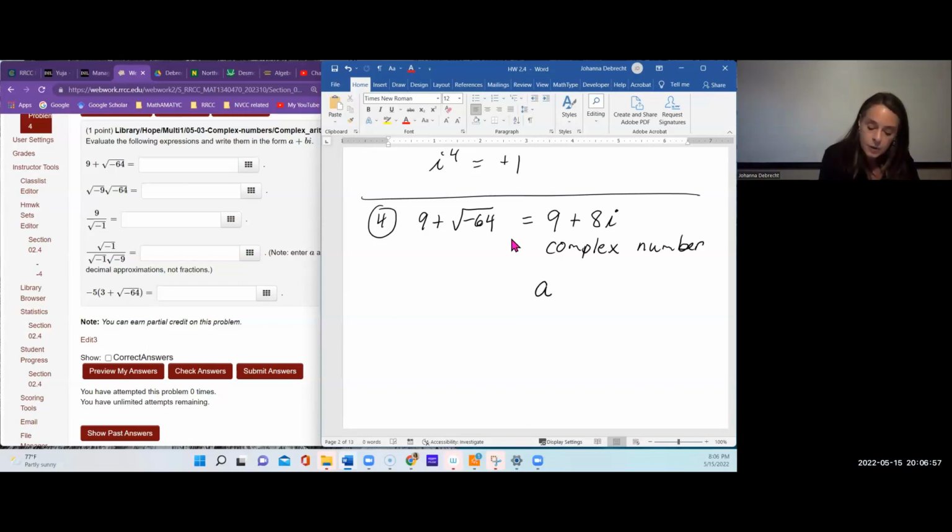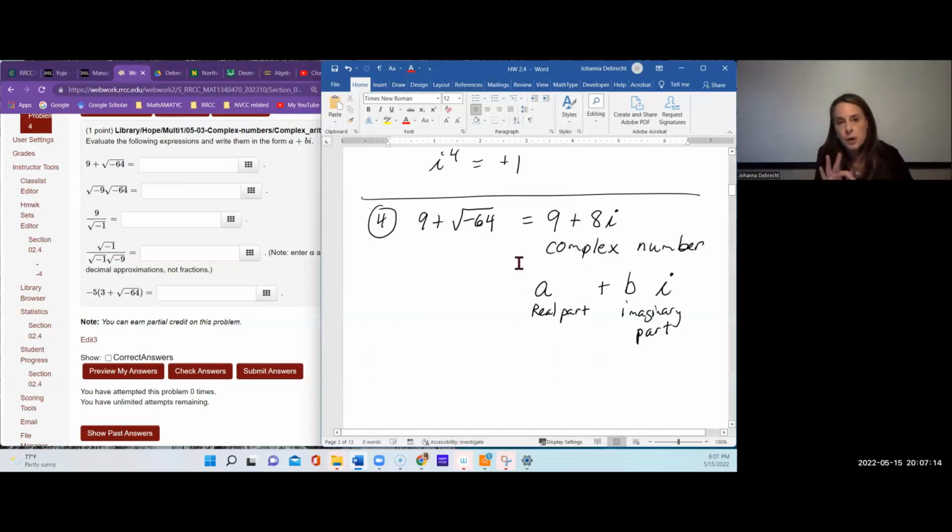It has a real part, which is the number that doesn't have I attached, plus the imaginary part, which is attached to I. So it has three parts. The real part, which is the number by itself, added or subtracted to the I part.